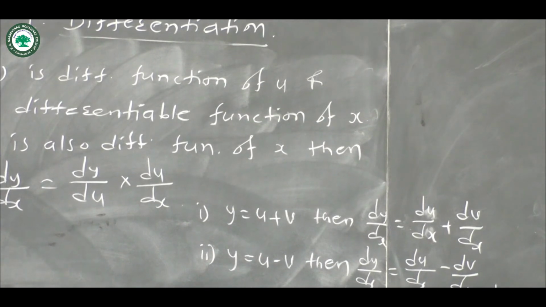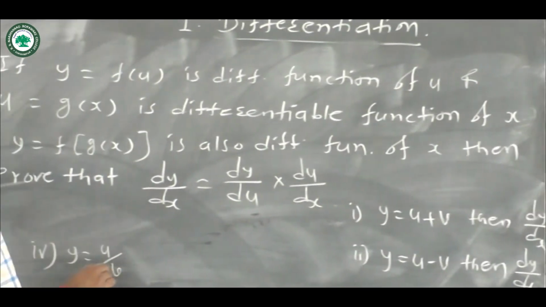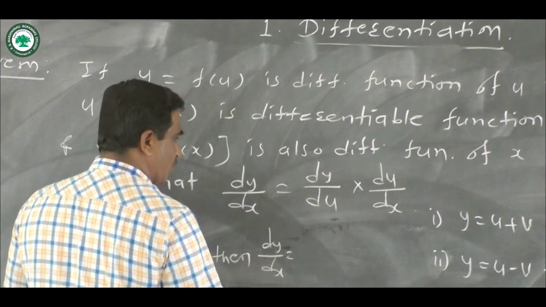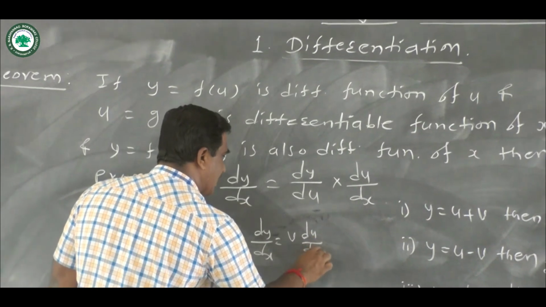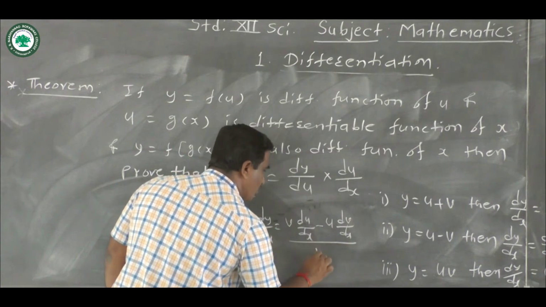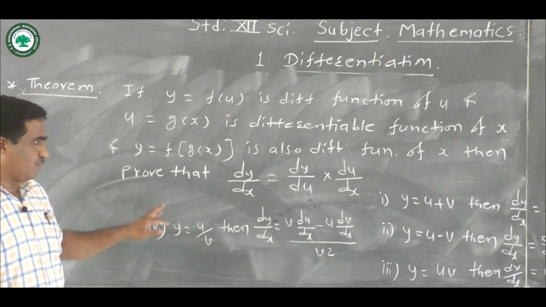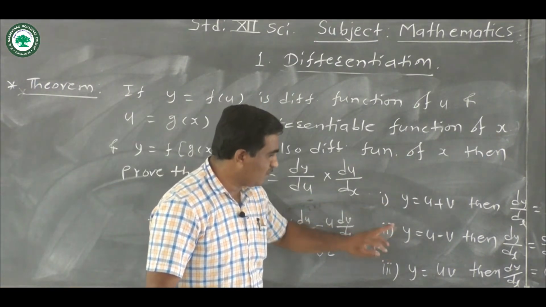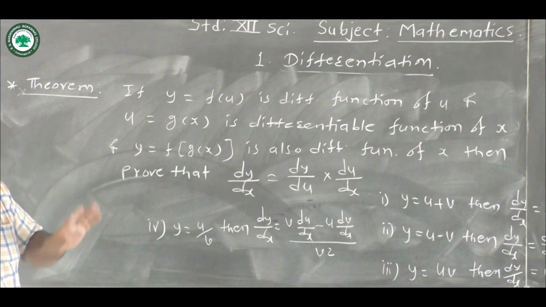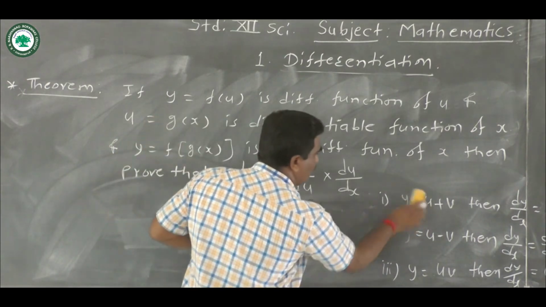And one more, number 4, y is equal to u upon v, then dy by dx is equal to v into du by dx minus u into dv by dx upon v square, where v is not equal to 0. This is called the division rule. There are 4 rules we have learned in 11th standard. Now in this standard, first rule is this composite rule.